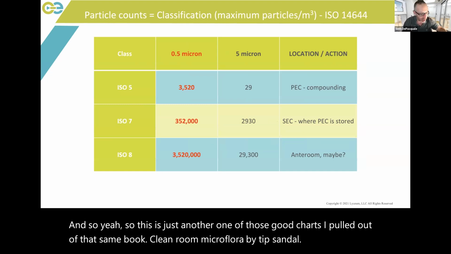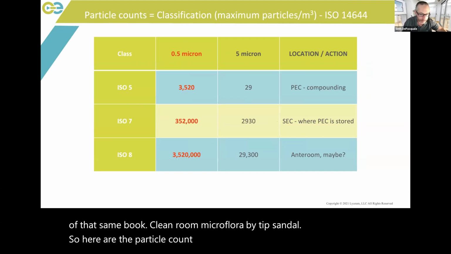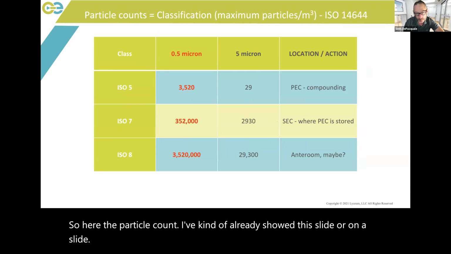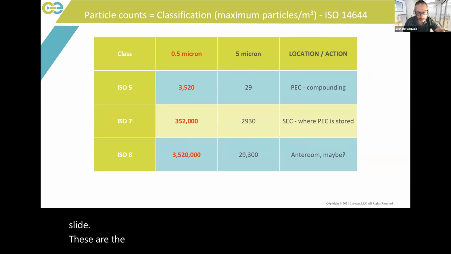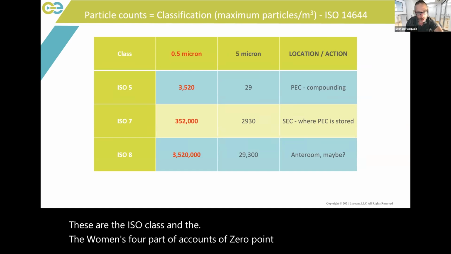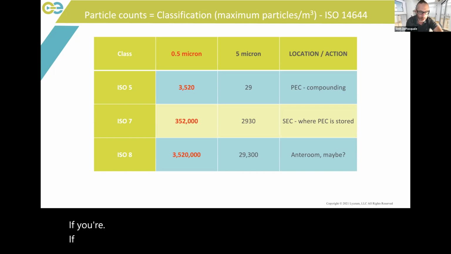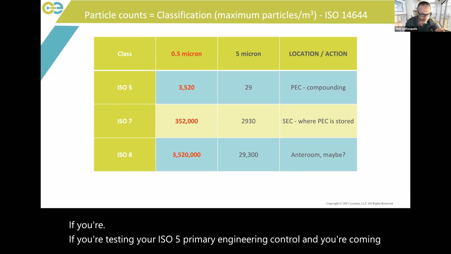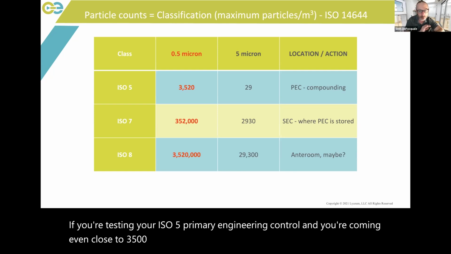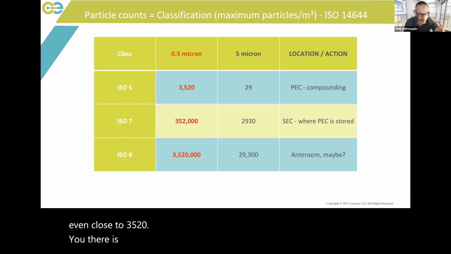So here are the particle counts. I've kind of already shown this slide. These are the ISO class and the limits for particle counts of 0.5 micron in a particular ISO class. By the way, I will just say that if you're testing your ISO 5 primary engineering control and you're coming even close to 3,520, there is something wrong with your engineering control.